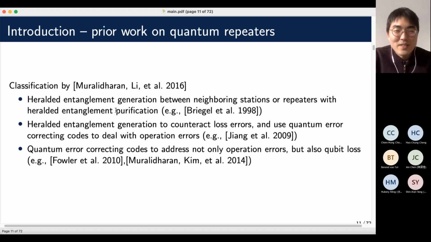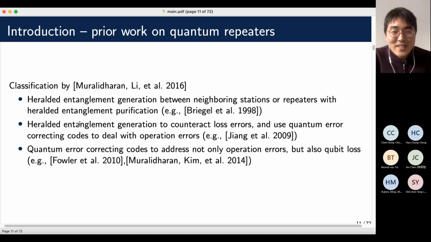So in the first generation, people thought about heralded entanglement generation and entanglement purification, as I told you before. But they assume some heralded protocol. So they somewhat know whether entanglement swapping was perfect or not.